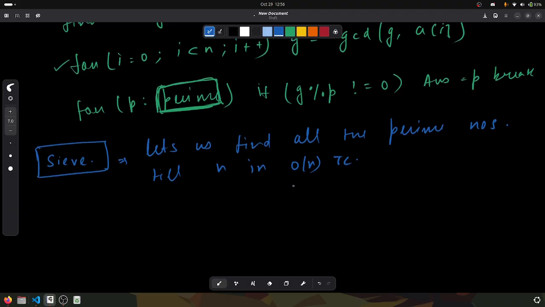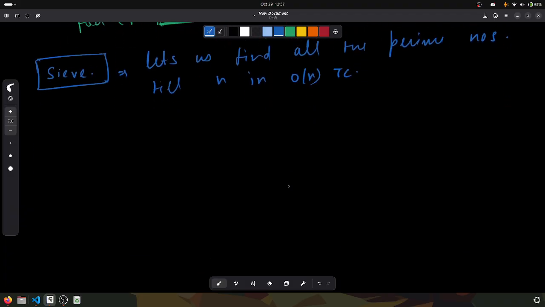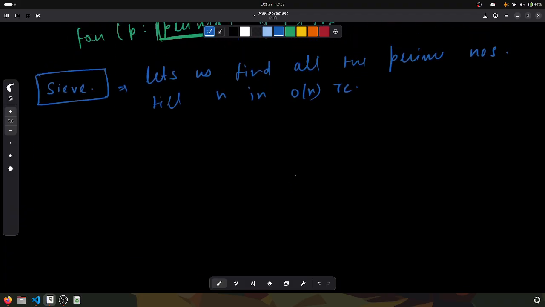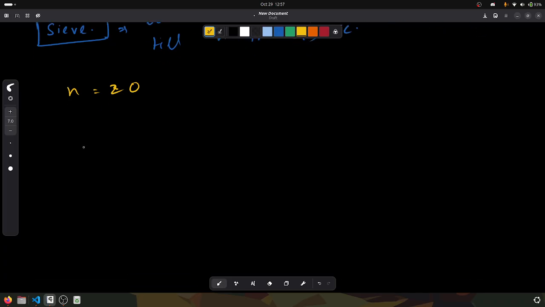If you don't know about sieve, you can go and check it out first. I'll briefly explain how it works. I'll just take n equal to 20 and dry run the sieve algorithm.